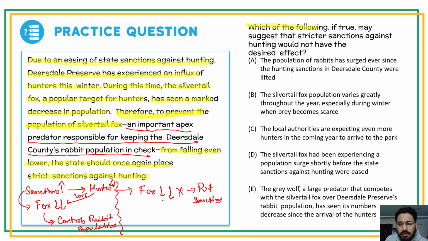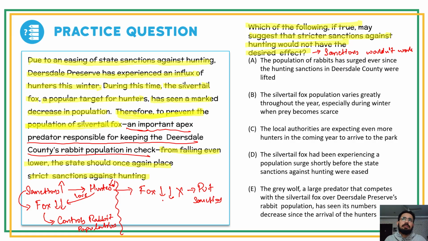Now, which of the following, if true, may suggest that stricter sanctions against hunting would not have the desired effect? So basically, the action item would be to pick an option which shows sanctions wouldn't work. And it's always a good practice to think about the type of option that would do that.